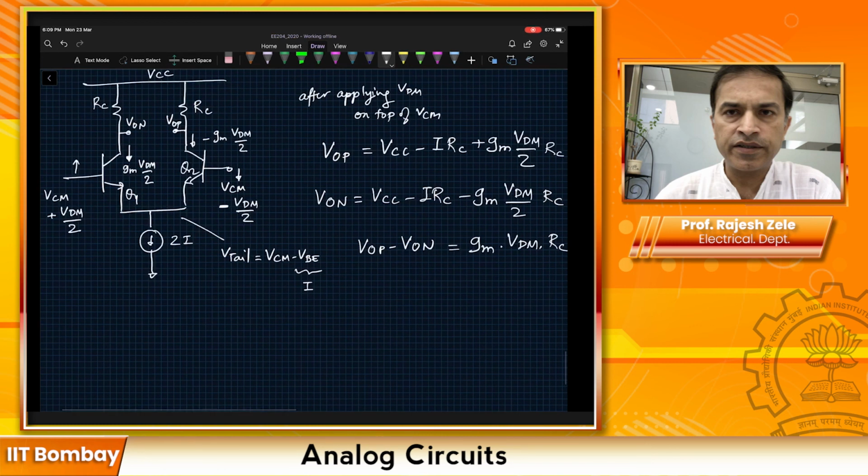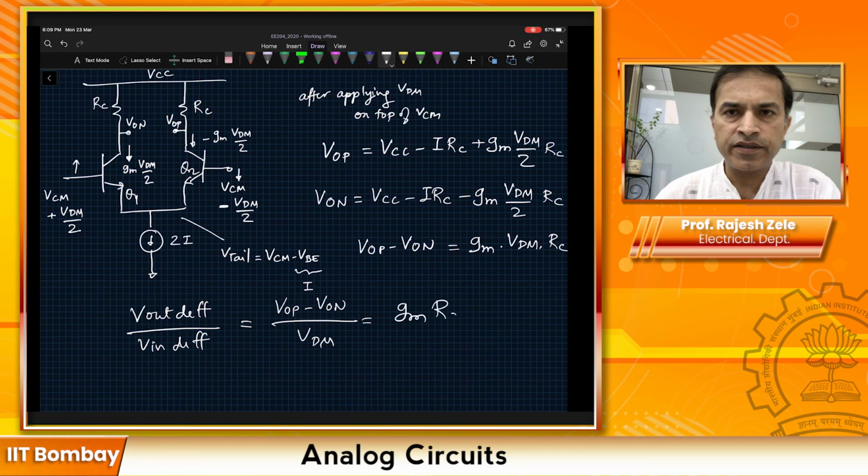The output differential voltage divided by the input differential voltage, VOP minus VON divided by VDM, would be equal to GM times RC. So note, in this particular case, the GM that we are talking about is the transconductance of each transistor, and that is when it's carrying current I. Okay, common mode current I.